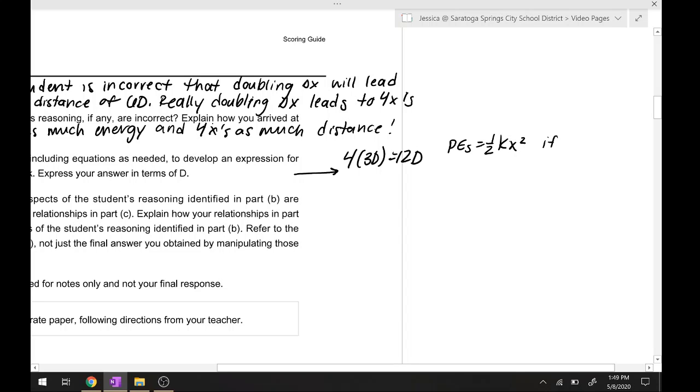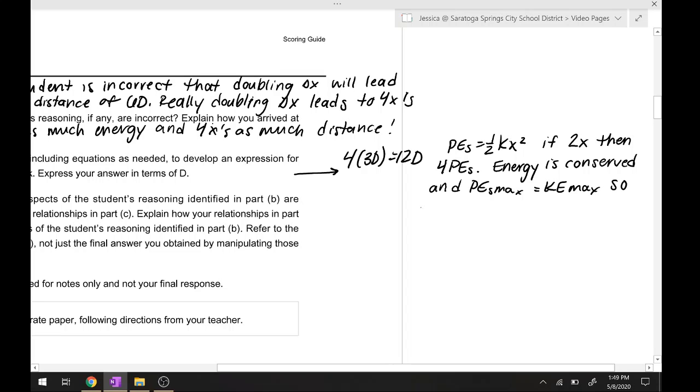Okay, so if we double x, then we get 4 times the spring potential energy. Okay, then we can say something like energy is conserved and PES max equals KE max. So we're going to get 4 times as much kinetic energy.